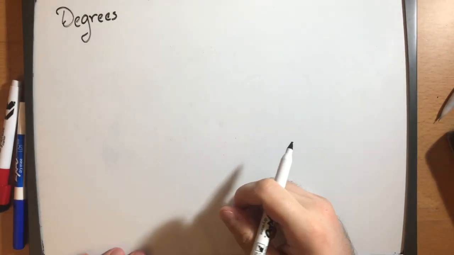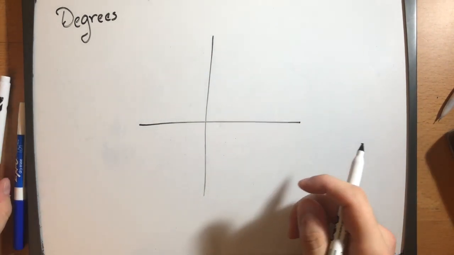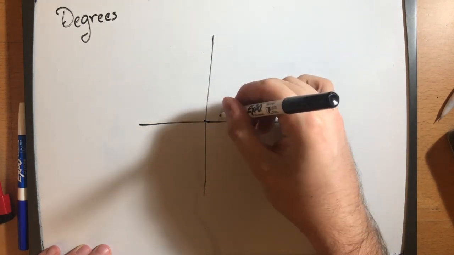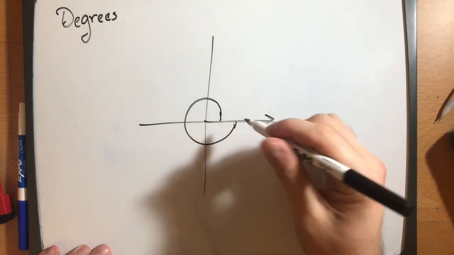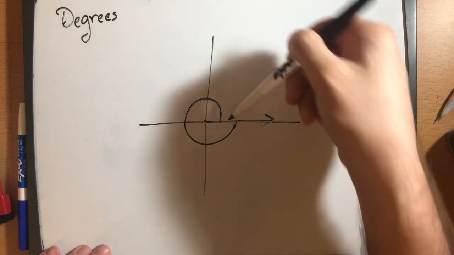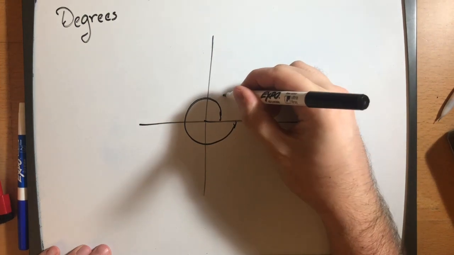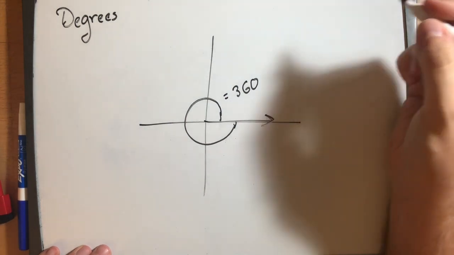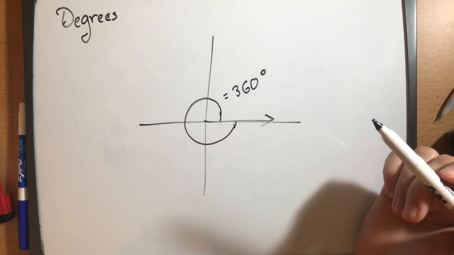So it has been standardized that if an angle is in standard position, here is our initial side, and then the terminal side rotates all the way around right back to the initial side. This angle here is 360 degrees, and we use the superscript up here to represent the degrees.